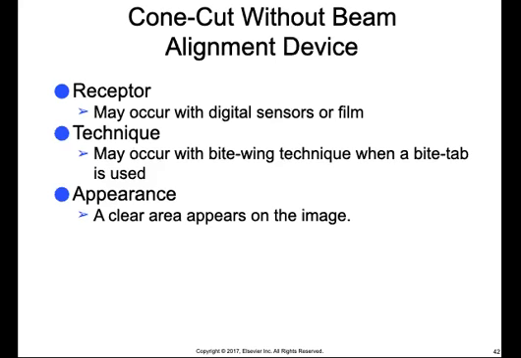Cone cuts without a beam alignment device can happen with digital sensors or film, and they can occur with bite wing techniques when a bite wing tab is used and an alignment device is not used. It will give you a clear unexposed area on the image.